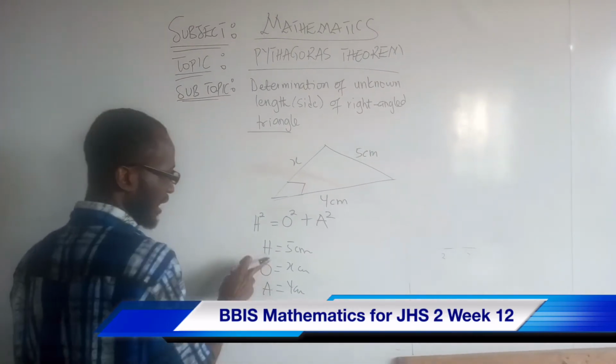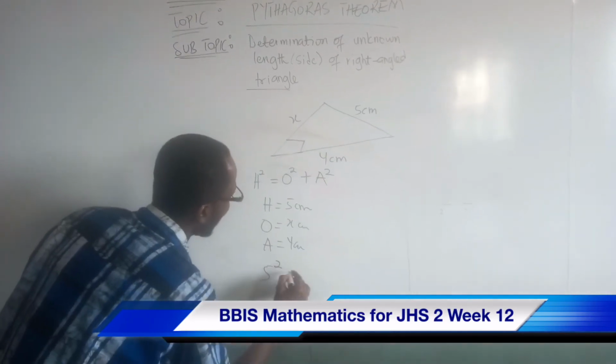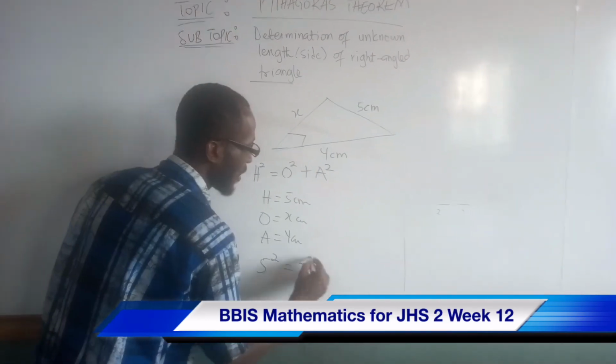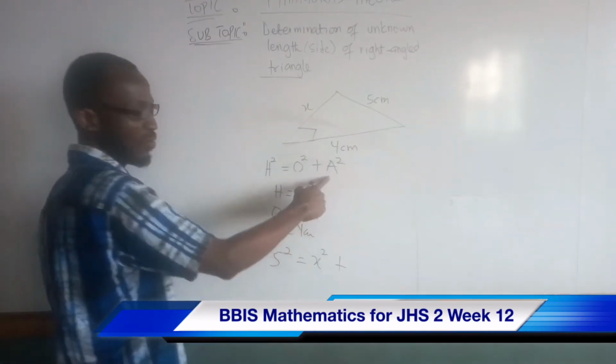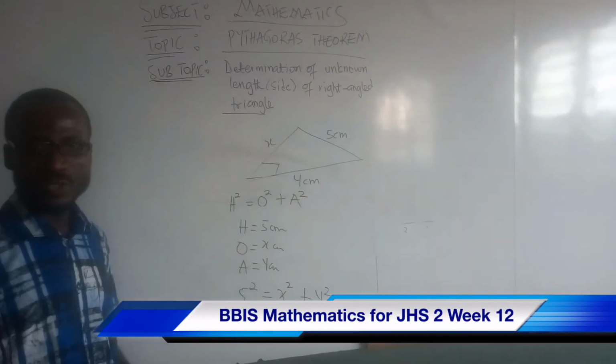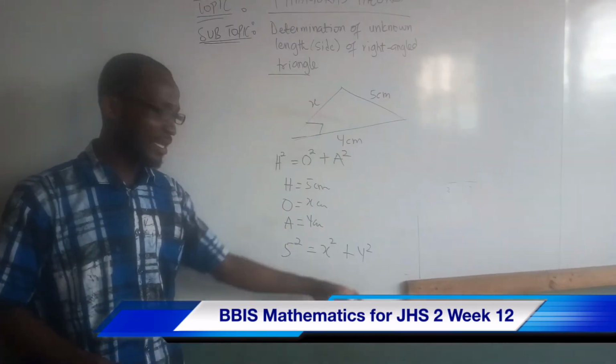Substitution. So h is 5. So in place of h, what do we put? 5. So we have 5 squared is equal to, in place of o, what do we put there? The x. So x squared plus, in place of a, what do we put there? 4 squared. But we are looking for x. So what do we do now? We make x the subject by moving what? The 4 squared.